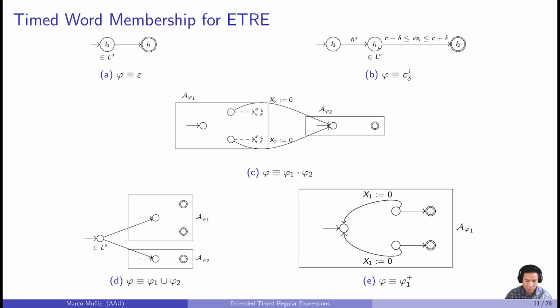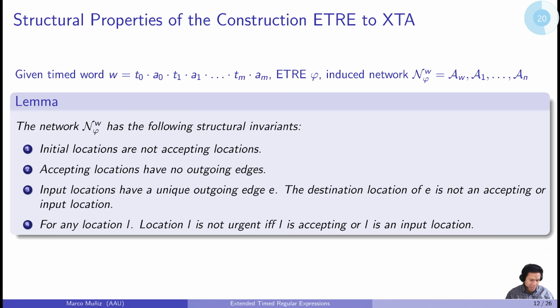This is a location where time cannot elapse. So we are very careful introducing these urgent locations to know when time can elapse. So we have this translation, we transform to timed automata, and then we have some invariants on the structure, on the syntactic structure of the network.